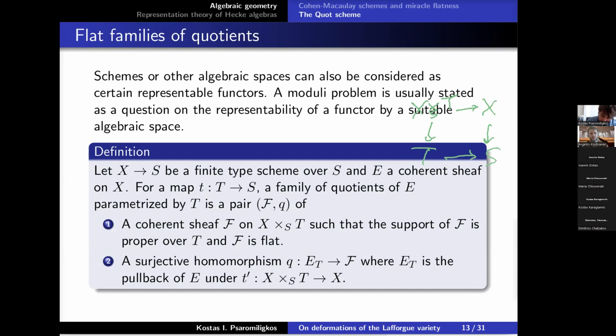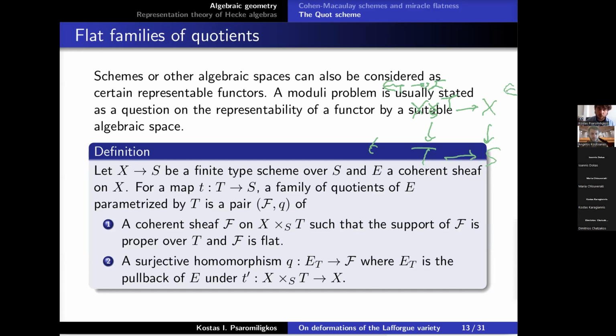Now, E is a coherent sheaf on X, and we want the family of quotients of E. What we will do is pull back E to this fiber product, and then we want some surjective homomorphism here. Why? Because if you consider the fiber of this over any point of T, you will in particular get an actual quotient. And as you vary t, you get a family of them.